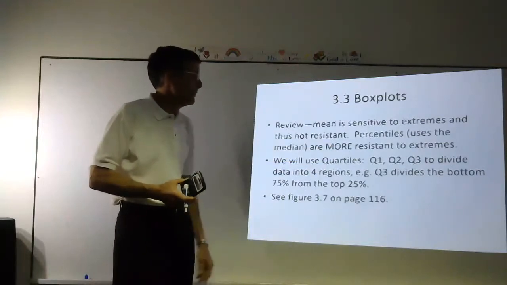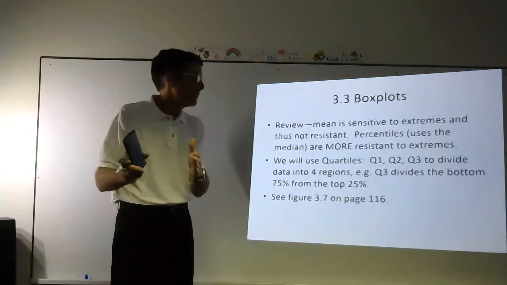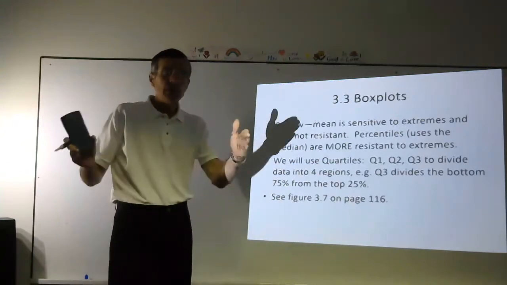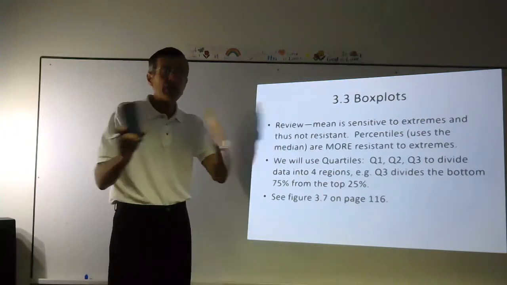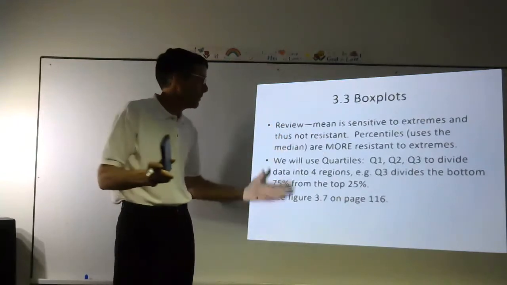Quartiles: Q1 will divide the data into the first 25%. Q2 divides it in half. Q3 divides it into 75% of the data. Okay, and so on.